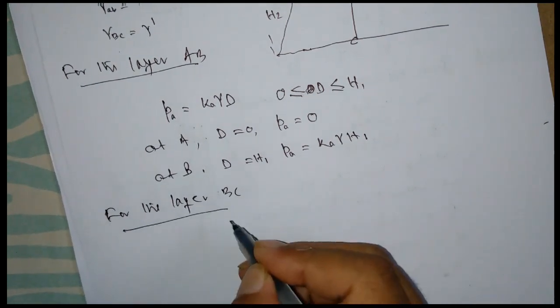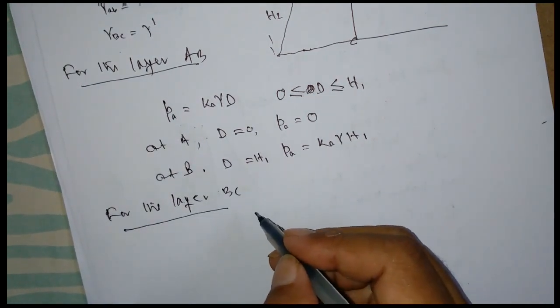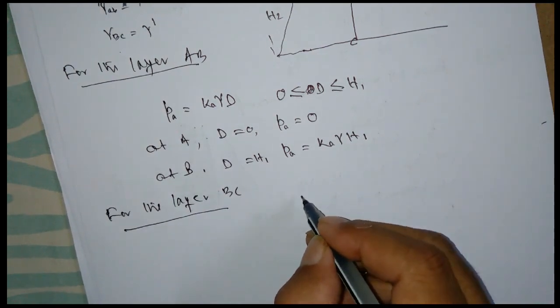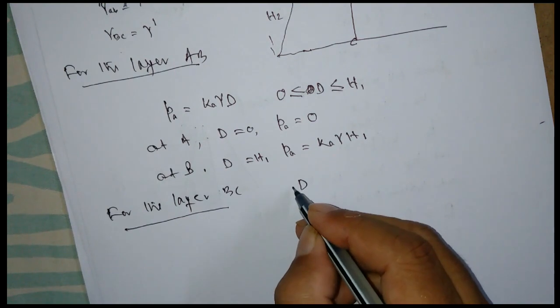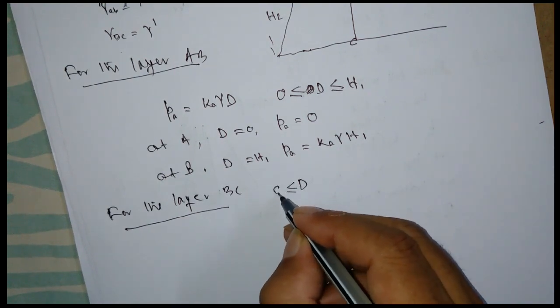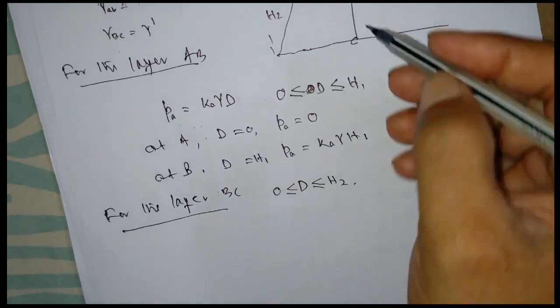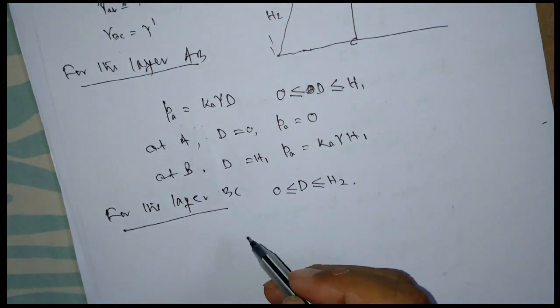Now for the layer BC, D varies from 0 to H2.